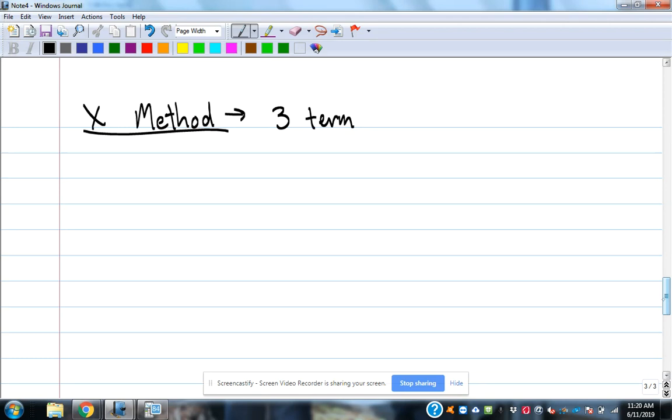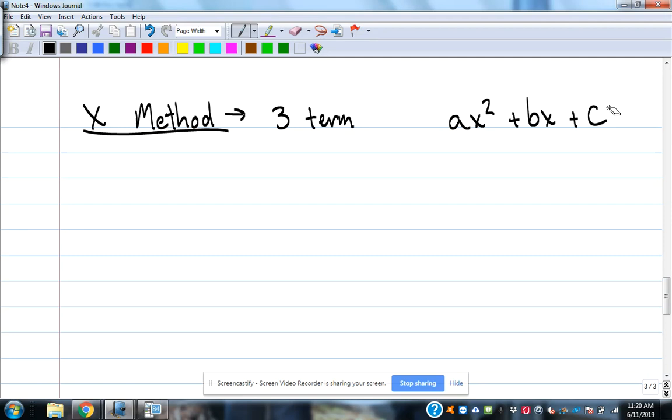And I'm going to put a trinomial up here. Ax squared plus bx plus c. A, b, and c are just numbers, okay? Normally, in your X method, you're going to have an x squared and a plain x in the problem, and then a number that doesn't have a letter. A, b, and c are numbers.